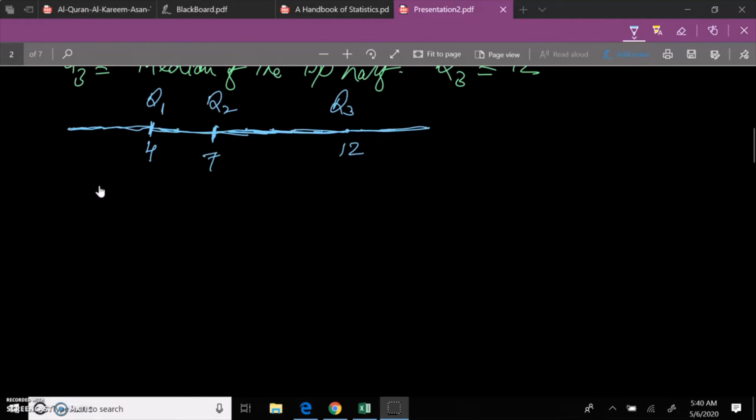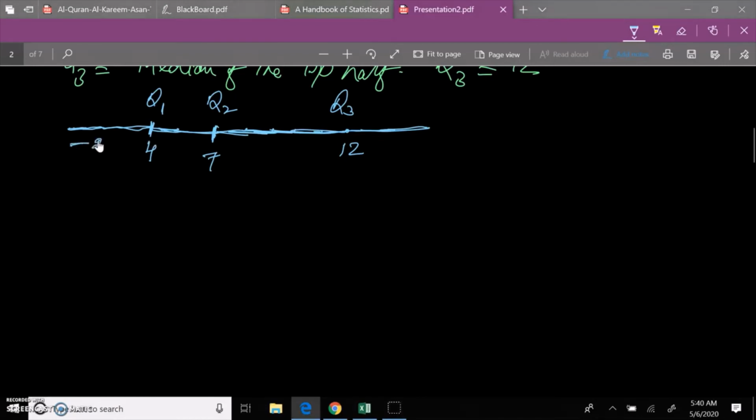Now we are going to interpret. How can we interpret our 3 quartiles? Q1 is 4, and remember, this is 25% of our data. 25% of the data values lie in this area, and this is the next 25%.